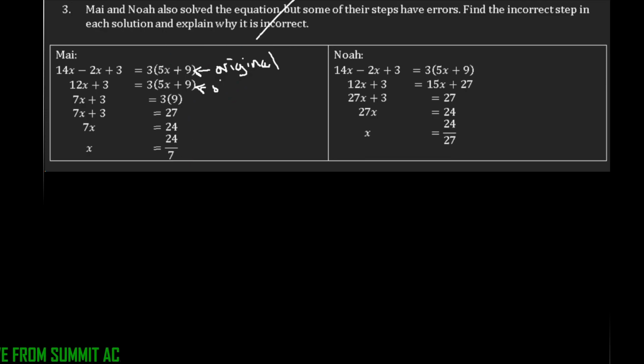All right, clear that out real quick. There you go. Okay. So if I look at Mai's work, I can see they did that first step. They combined like terms, the 14 and 2x. However, in this step right here, step 2, that's where the mistake is at.